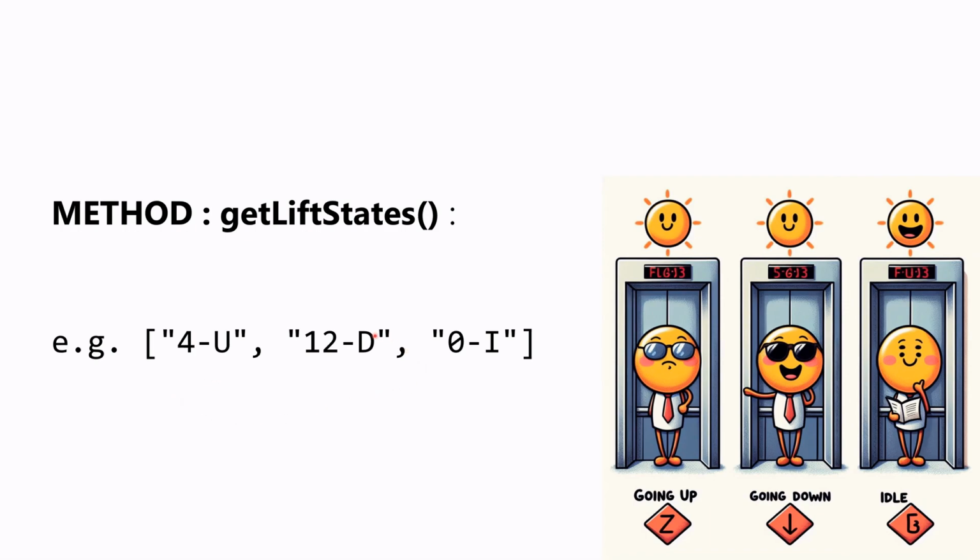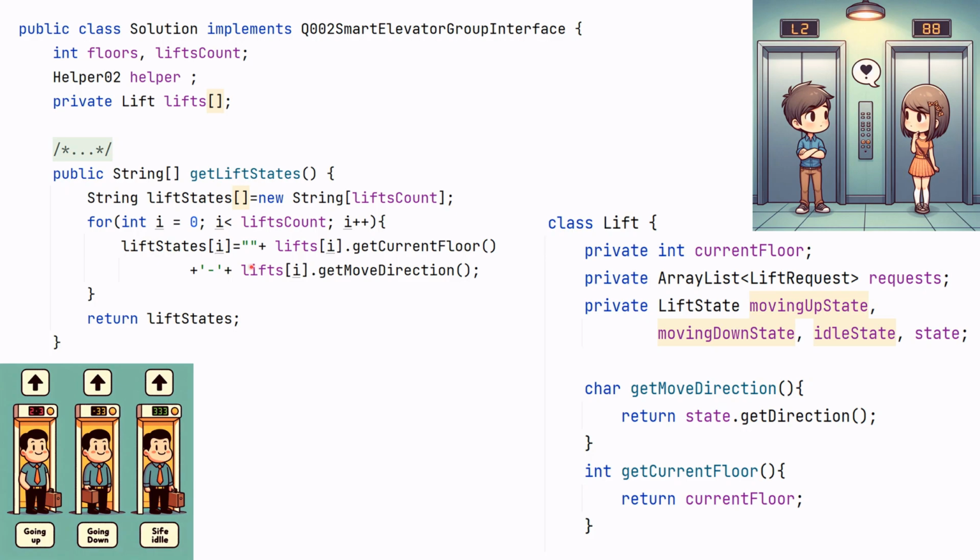And since the number of elements in this string array is 3, the number of lifts in the building is also 3. To get the lift states, our code in class solution goes through all the lifts, simply appends their current floors and move directions, puts them in the lift states array and returns that array. Current floor and direction are tracked by the class lift. The current floor the lift itself tracks, and the direction is fetched from the state the lift is in.